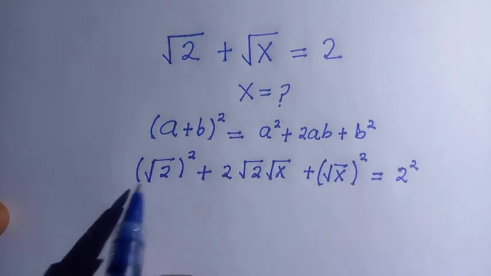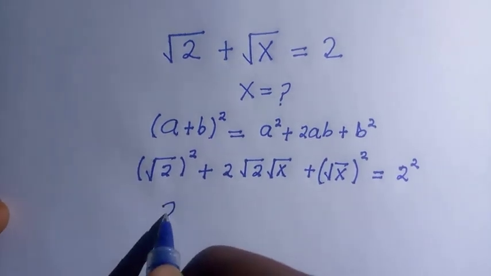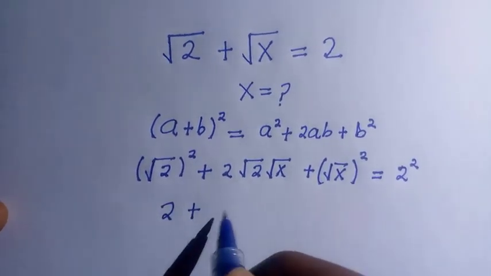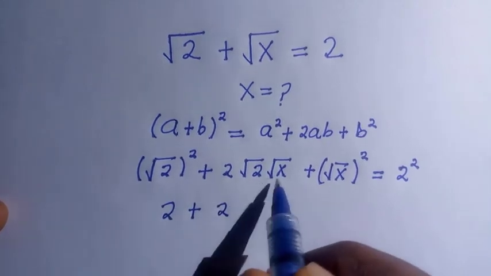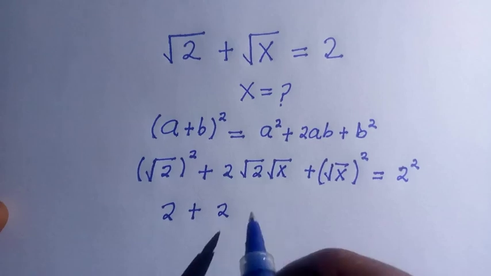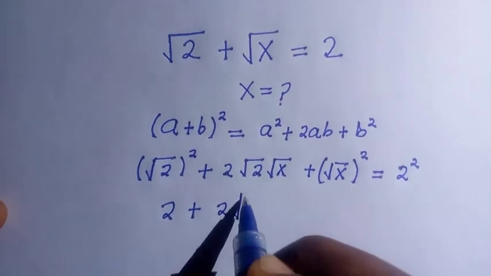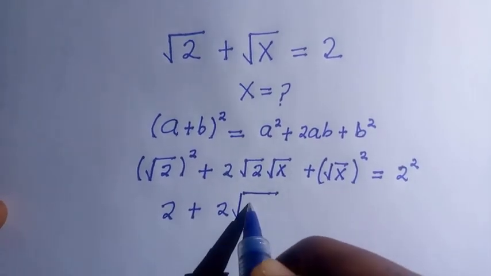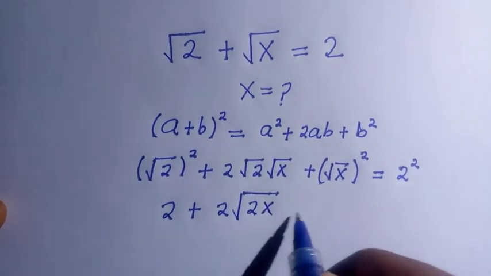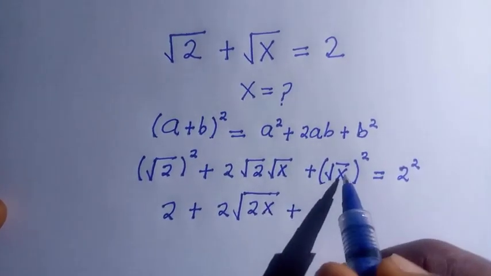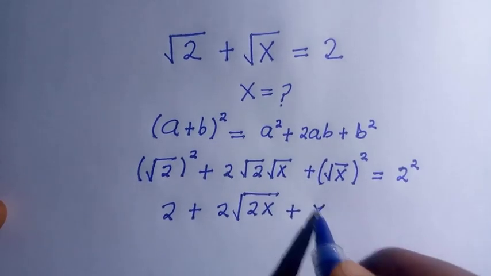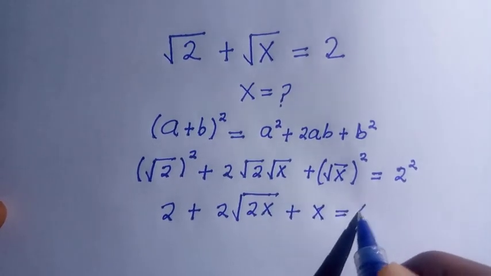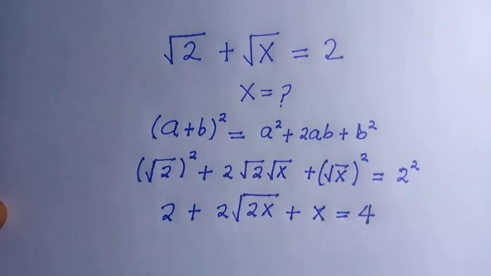Then we have this and this cancelled, so that we have 2 plus, here we have root 2 and root x, so we can combine both of them so that they work under one root. Then we have this as 2x, then plus, so this and this also cancelled, and we have only x. Everything equals 4.